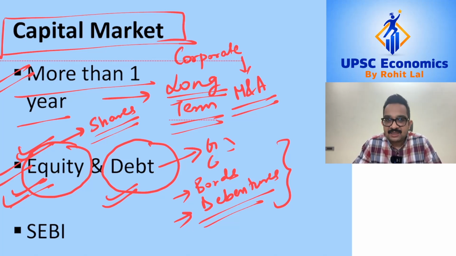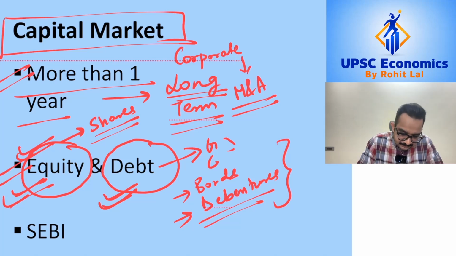So under equity form of borrowing, what happens is that the investor becomes a partial owner in the company and the company is not obligated to pay back that money. However, under debt form of borrowing, which is via bonds and debentures, the company or the entity which is borrowing needs to pay periodic interest, and it also needs to pay back the principal or the loan amount eventually.